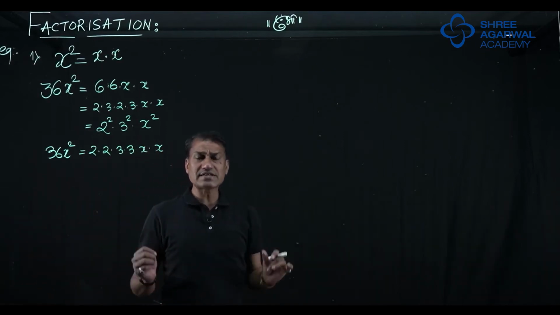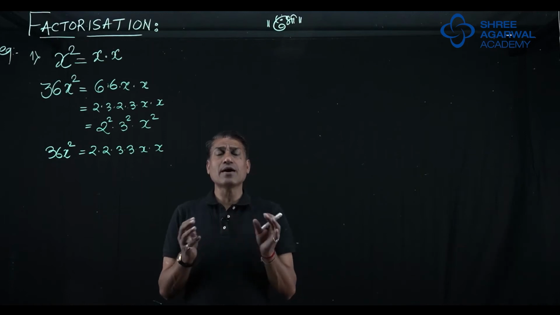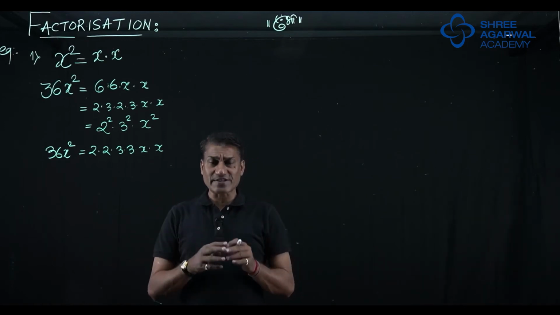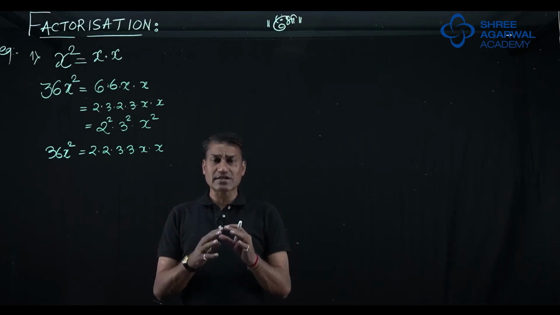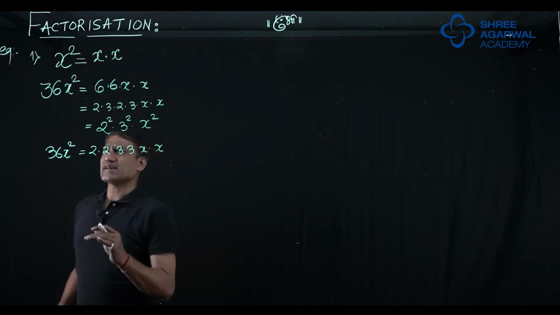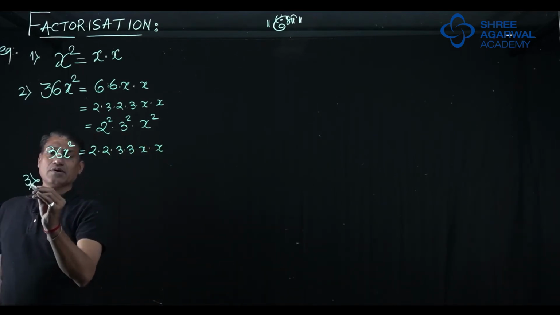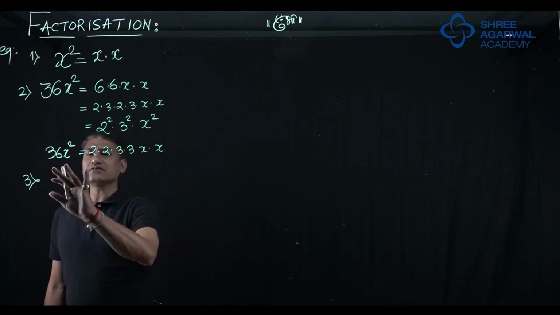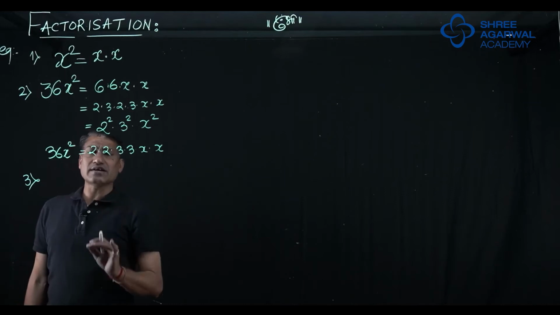I hope you are understanding. Factorization is the process of breaking up the given number or given expression into certain numbers whose product is the original number. Let us take another example. Here we had taken a single term, a monomial. Now, let us take a binomial.